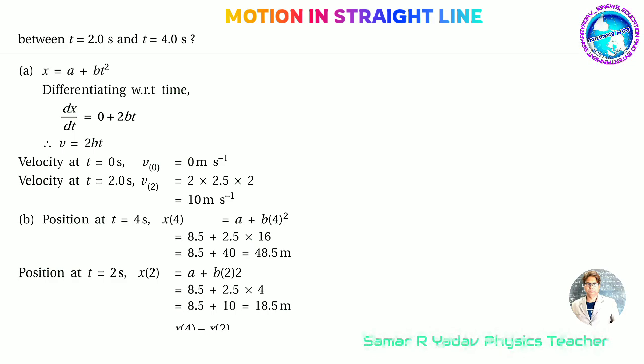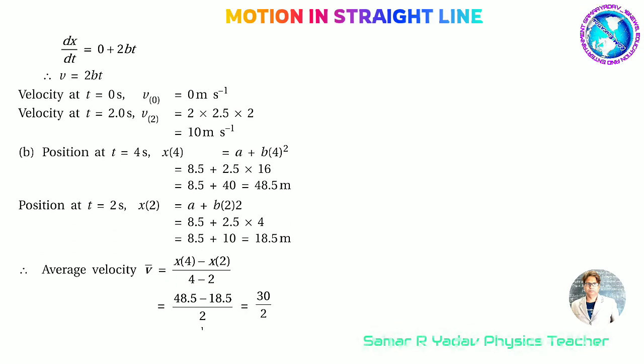B, position at t is equal to 4 second: x4 is equal to a plus b into (4) whole square, which is equal to 8.5 plus 2.5 into 16, which is equal to 8.5 plus 40, which is equal to 48.5 meter.